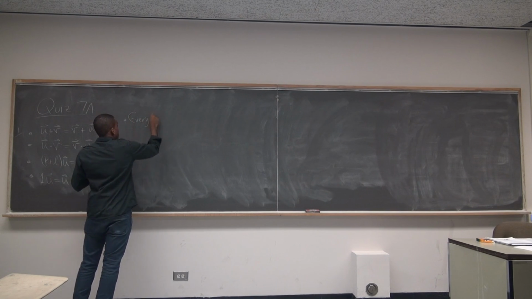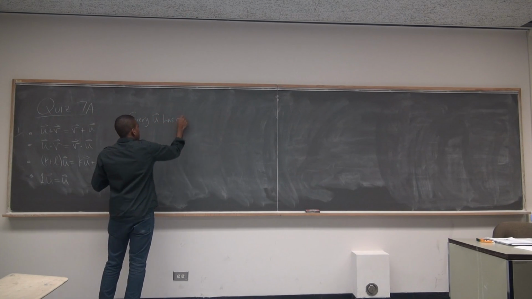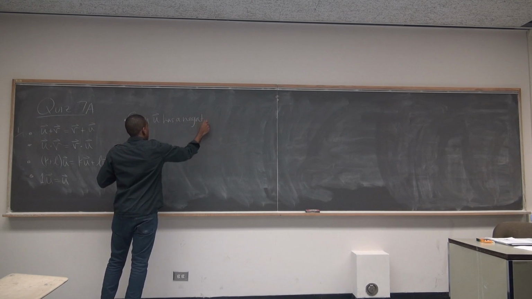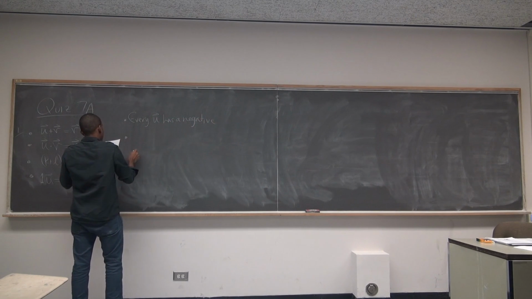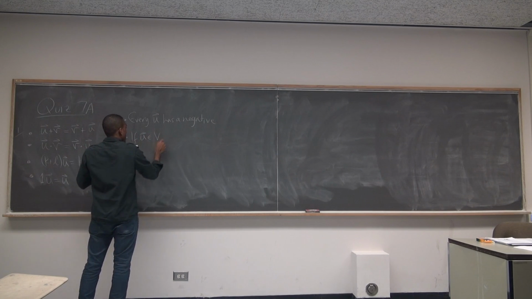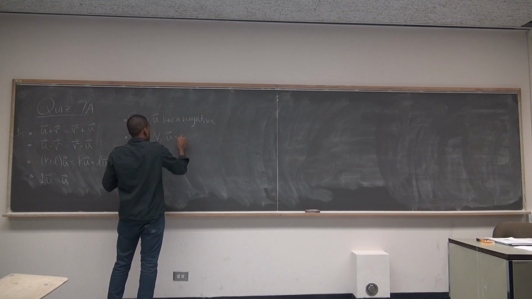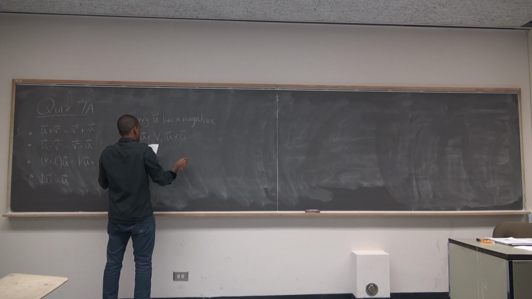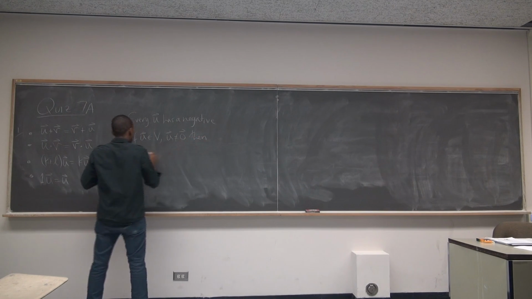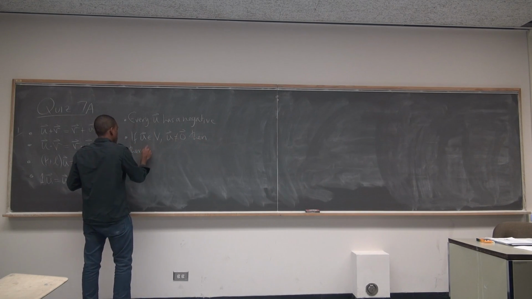Every U has a negative was another property. And if U is in the vector space and is non-zero, then there exists a multiplicative inverse.